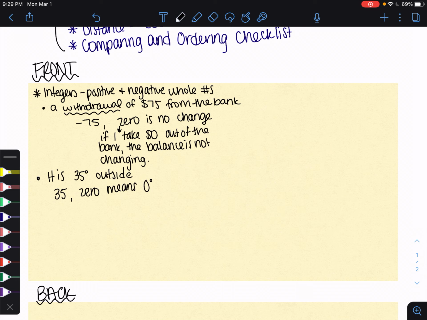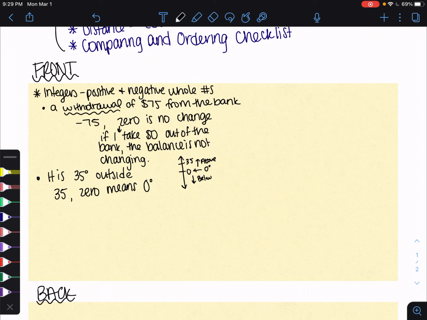And if I show a thermometer, I'm going to draw a little number line over here. So here's my 0. Here's my 35 degrees. These are my temperatures above. These are my temperatures below 0. So 0 must be 0 degrees.